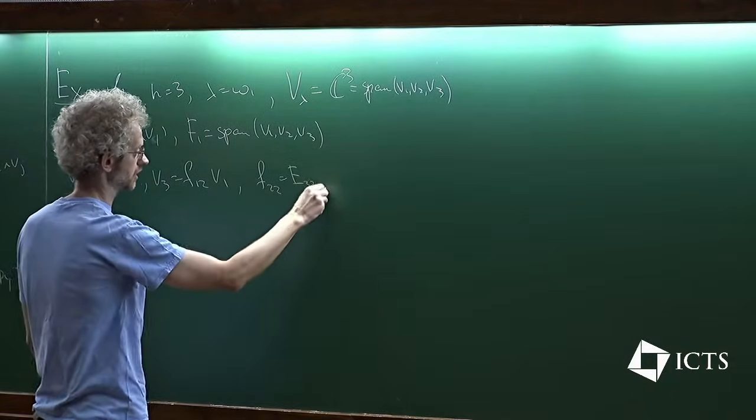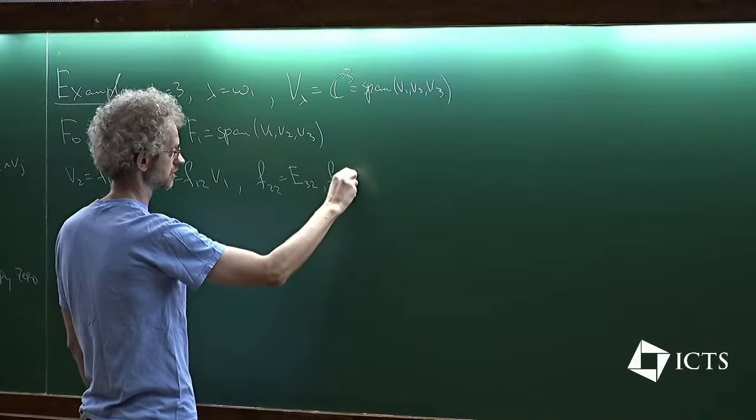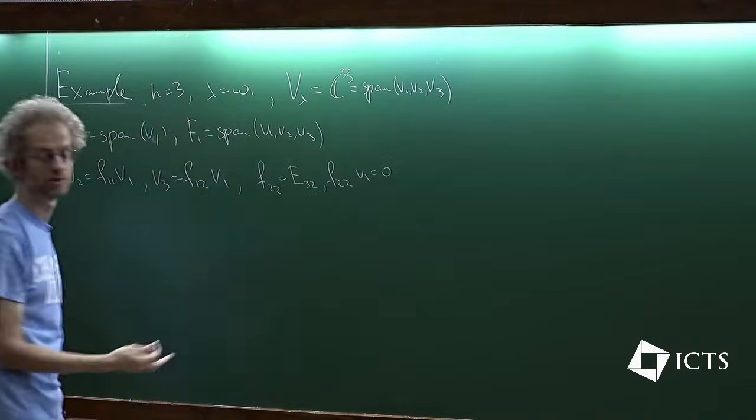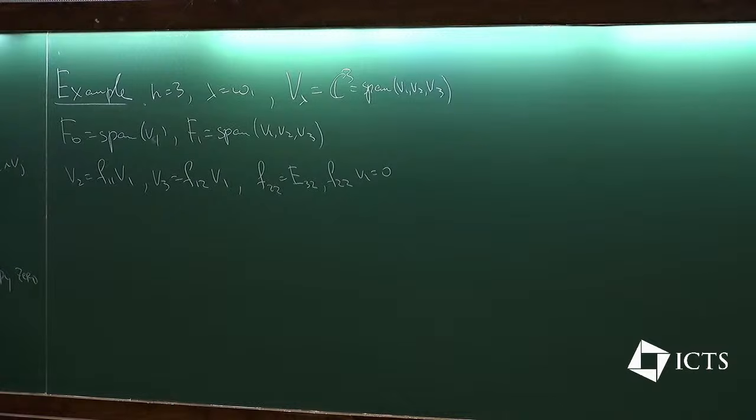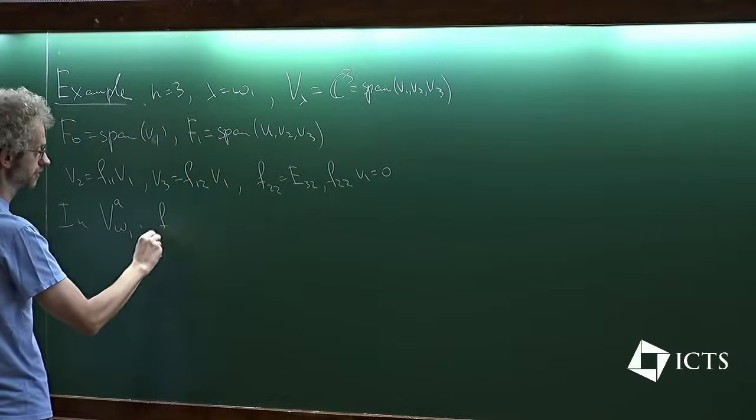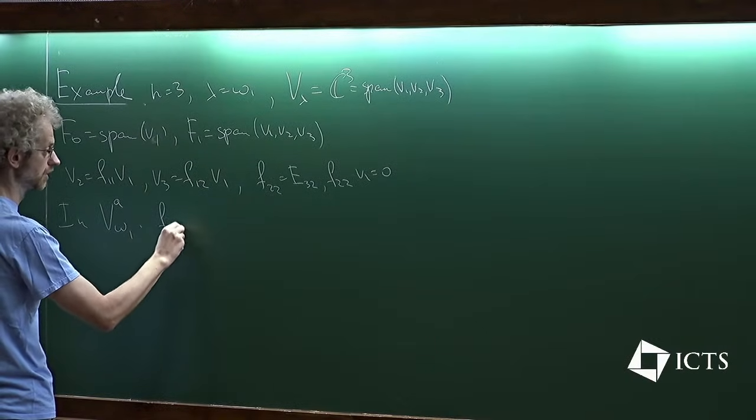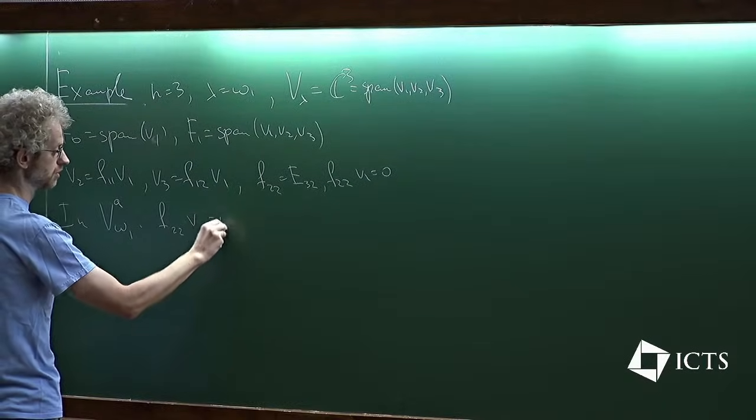So F22 sends V1 to 0, so this is not the correct matrix unit. However, what's important is that in V omega 1 A, F22 applied to V2 is 0.